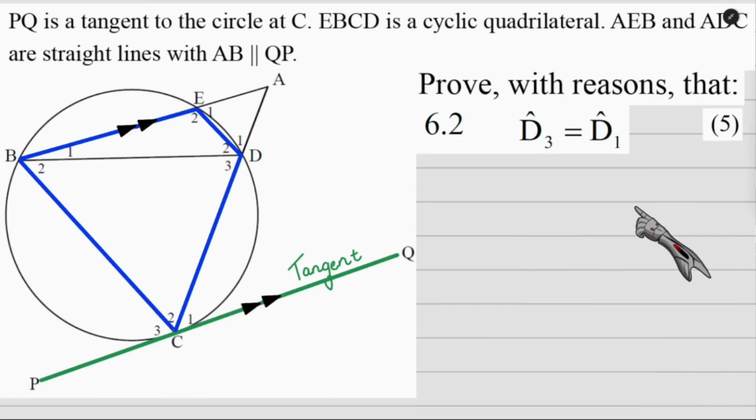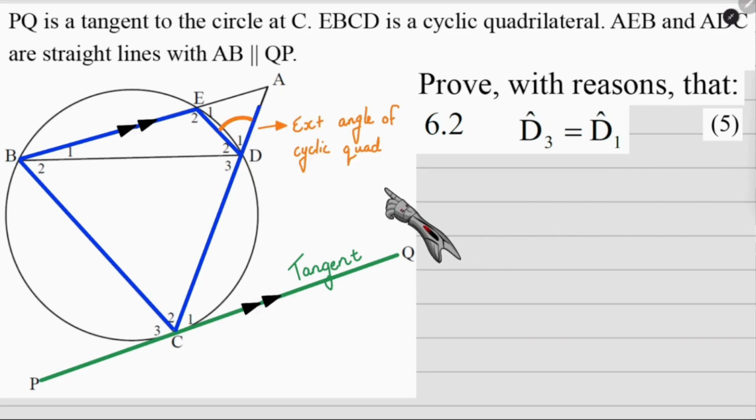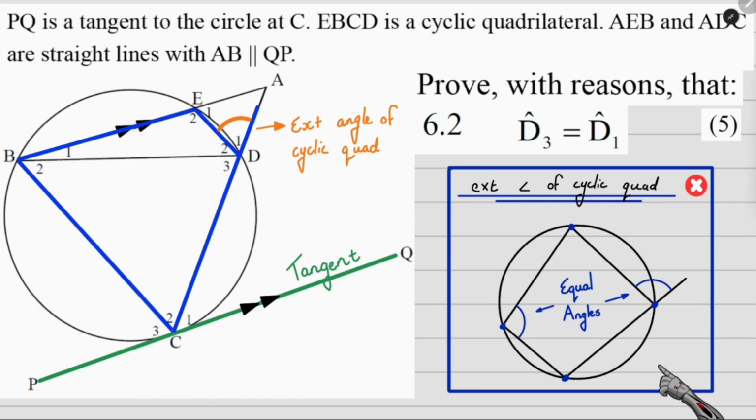And now we have to prove that D3 is the same size as D1. So I'm going to choose one of these angles to start with. I think I'm going to choose D1 because I can see that that's an exterior angle of a cyclic quad. And I know a theorem that deals with the exterior angle of a cyclic quad. And that theorem goes a little something like this.